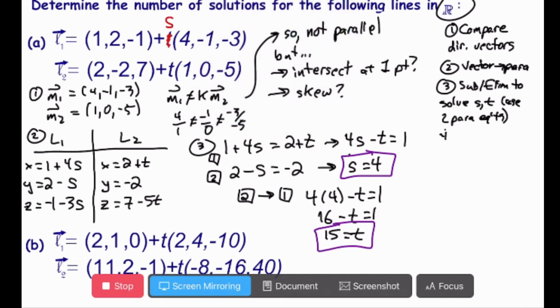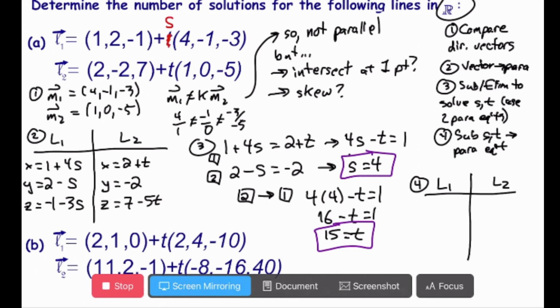So step 4: we're going to sub s and t into our parametric equations. I'm running out of room here, but we'll be okay. So L1 and L2. Let's plug our values in. For L1, x is equal to 1 plus 4 times 4, which is 17. y equals 2 minus s, so minus 4 is negative 2. z equals negative 1 minus 3 times 4, so negative 1 minus 12 is negative 13.